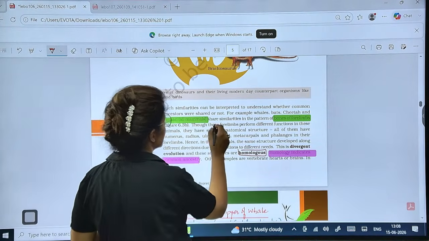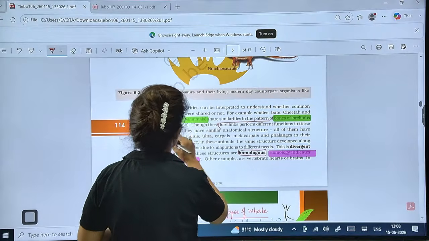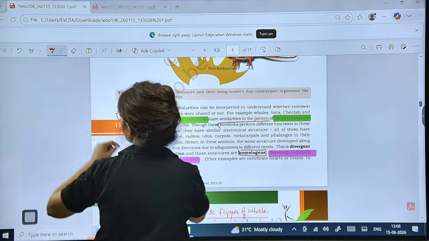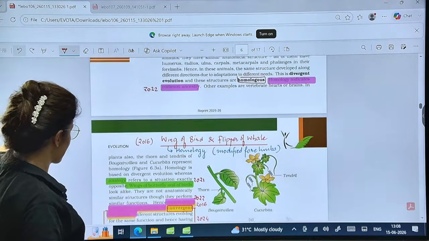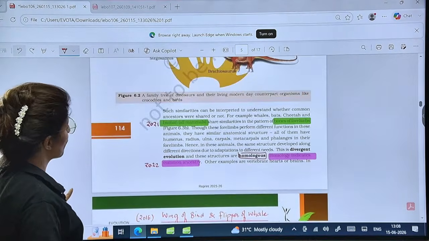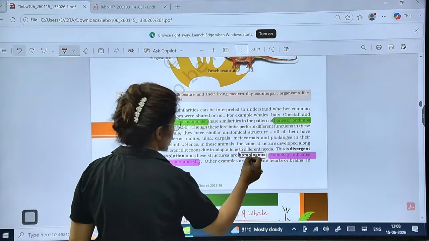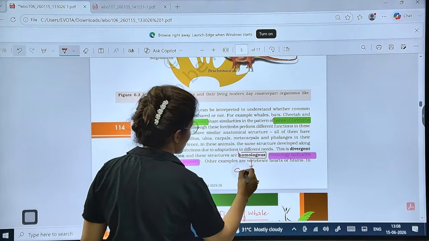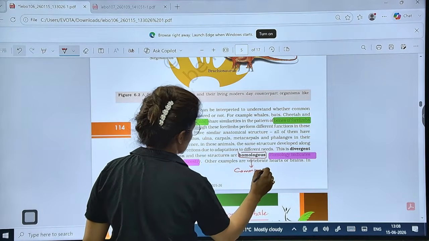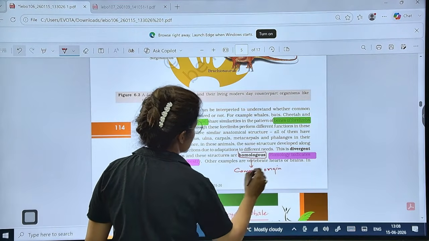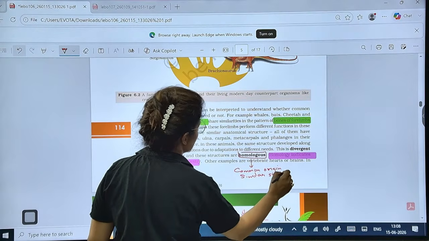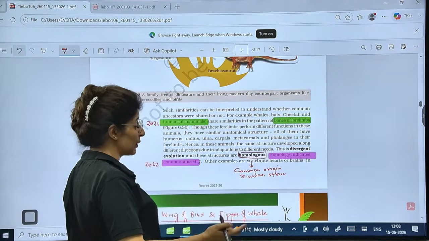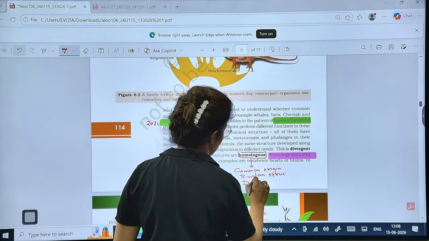So basically, they share similarities in the pattern of their structures. They have common origin, therefore similar structure, but because these organisms have moved to different habitats, they perform different functions.